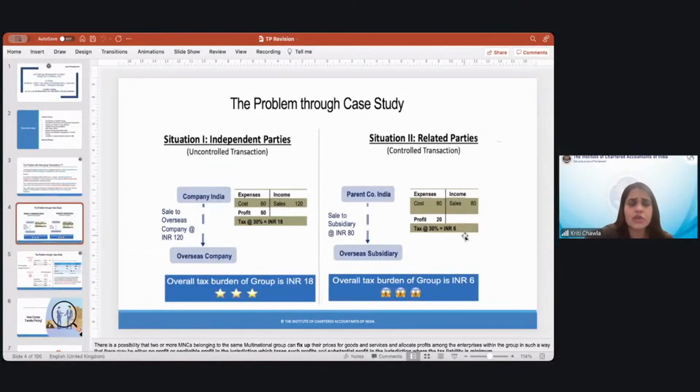So how were they able to avoid that tax? Well, that is because they did not transact at 120 rupees. They transacted at 80 rupees. And because of that, they were able to bring their taxes down. This is really the problem that was supposed to be addressed by transfer pricing.